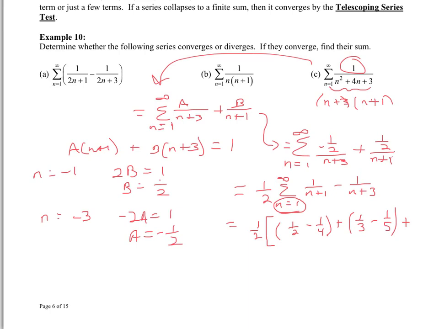Okay, I'm going to bring it down here because I started too far over and I don't have enough room. So when n is 3, then we're going to have 1/4 minus 1/6, plus when n is 4, we'll have 1/5 minus 1/7. And do you see what's starting to happen now? So we've got a positive and negative 1/4, so they'll cancel out.